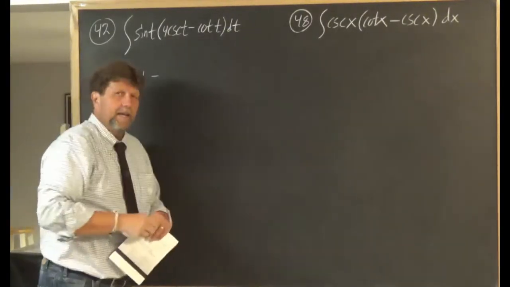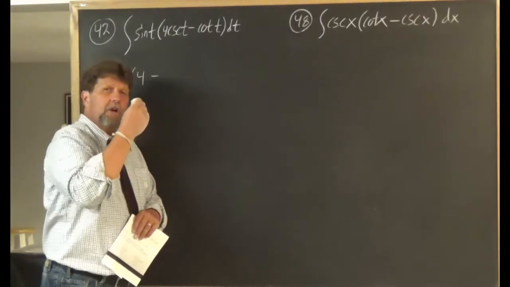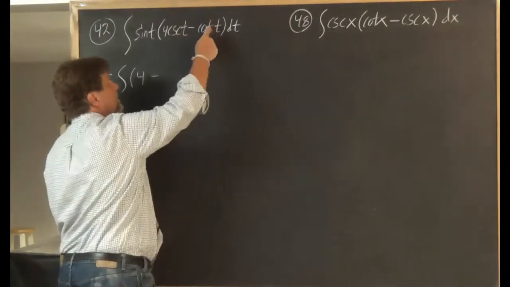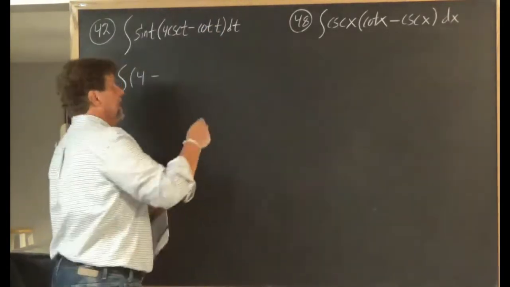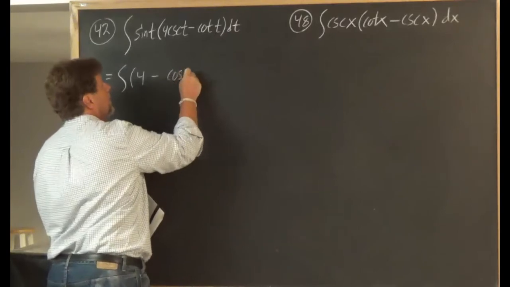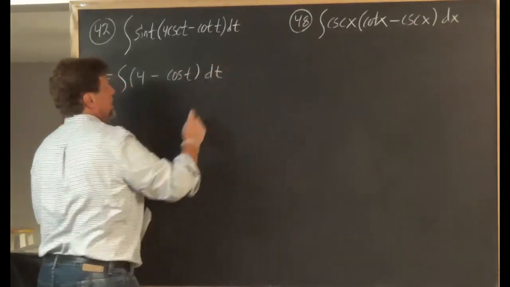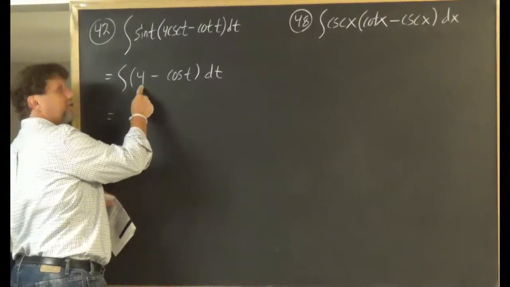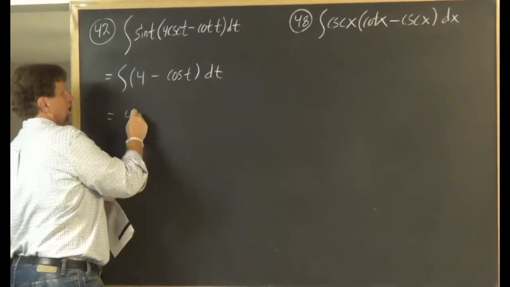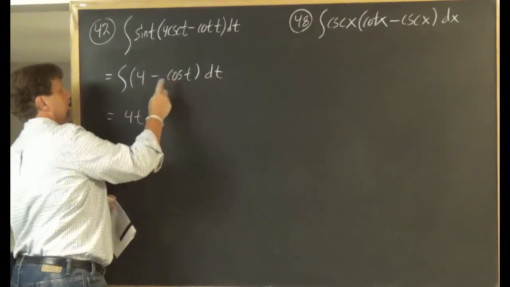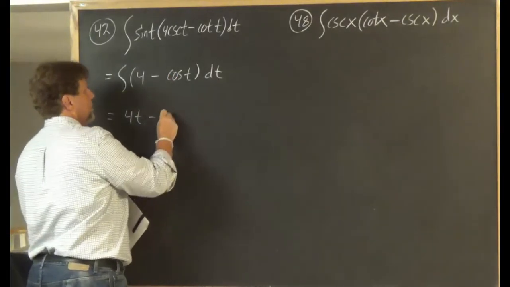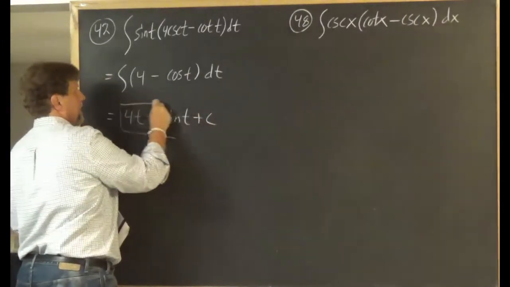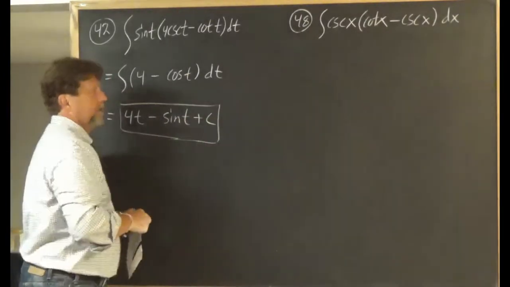Remember cotangent t is cosine t over sine t. So when sine t gets distributed there, the sine t's cancel out and you're left with cosine t. Now it's just a matter of saying, well, the antiderivative of 4 with respect to t is 4t. The antiderivative of cosine is sine. Don't forget the plus C, and we're done.